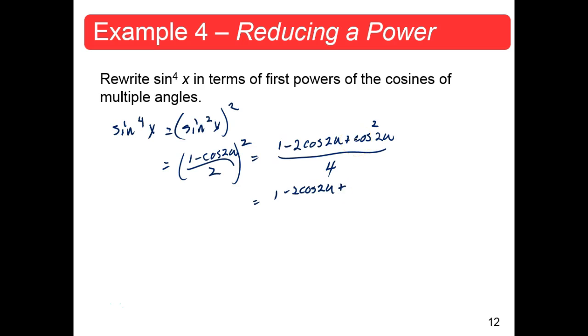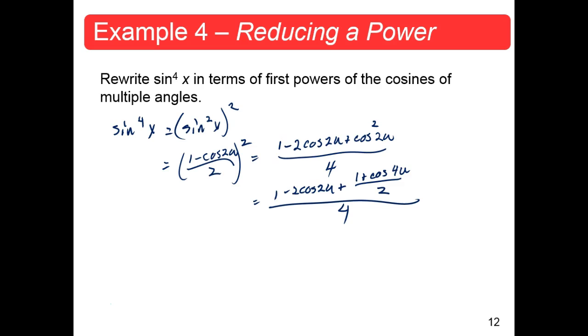Reducing a cosine squared. What does that become? 1 plus cosine of 4u. You got it right, over 2. And all that is over 4. You see that? It's double this angle. This angle is 2u, that becomes 4u.